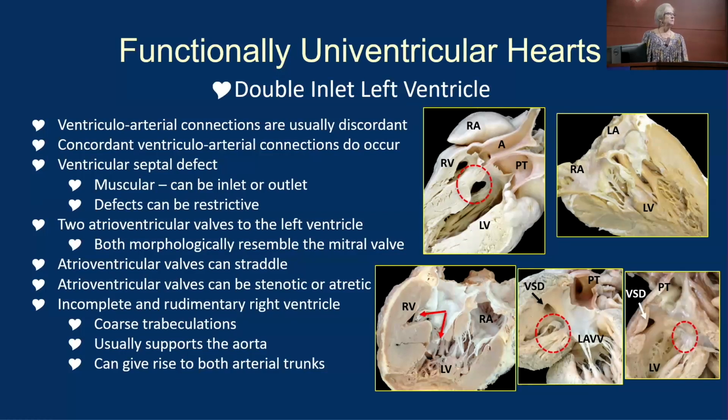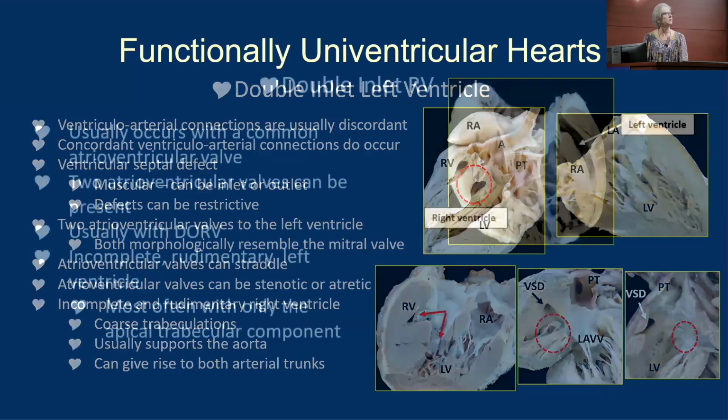It's important to describe the incomplete and rudimentary right ventricle with its coarse apical trabeculations that usually supports the aorta and also can give rise to both arterial trunks or have a double outlet right ventricle. And this hypoplastic and incomplete rudimentary right ventricle is typically on the anterior superior shoulder of the heart.